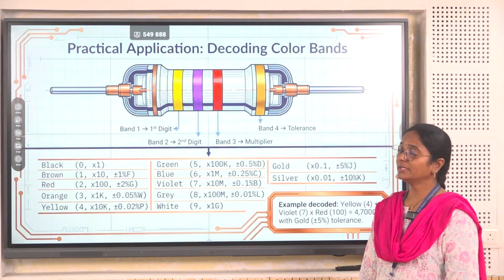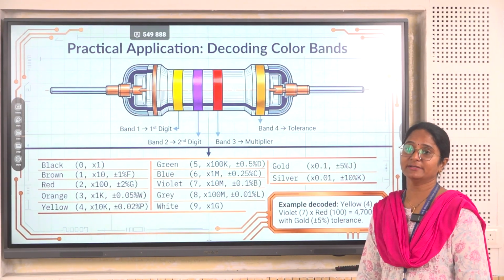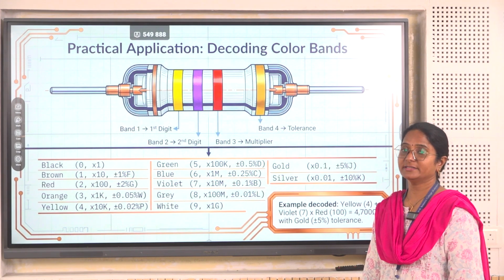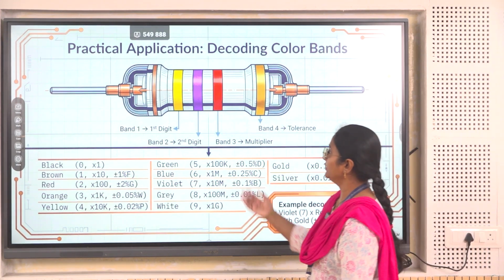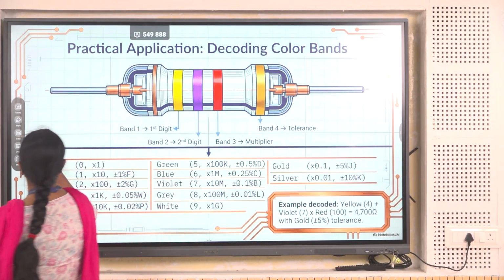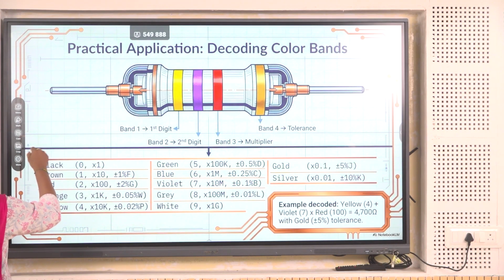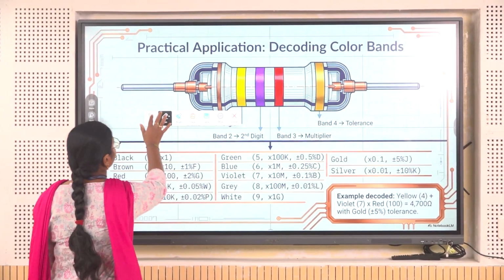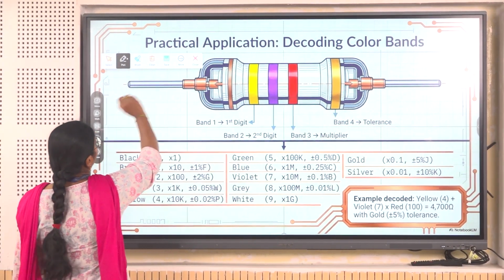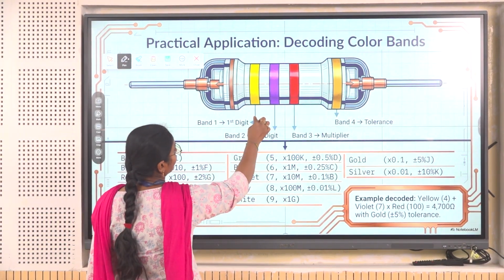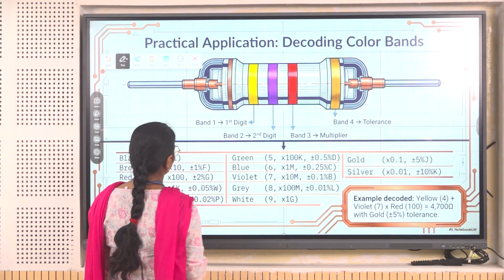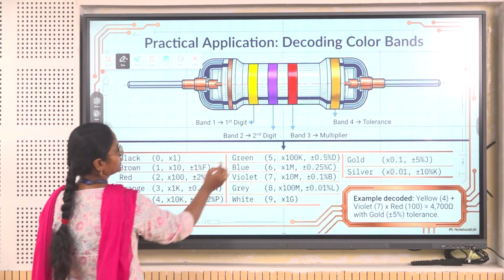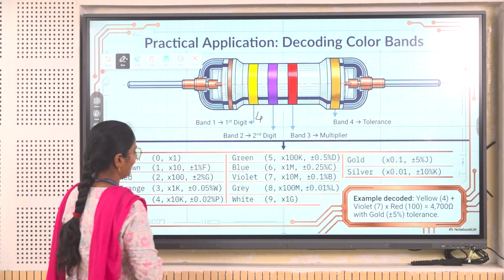The most important point is how to calculate the resistance value if it is displayed as a color code on the resistor. You can see here that the resistor consists of bands. The first band is yellow, and yellow has a value of 4.